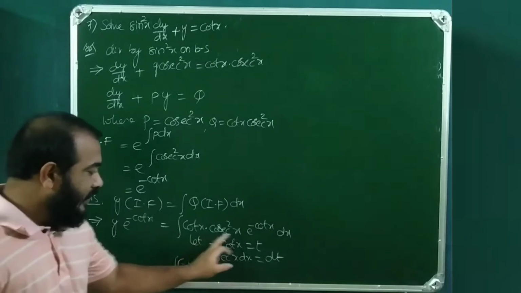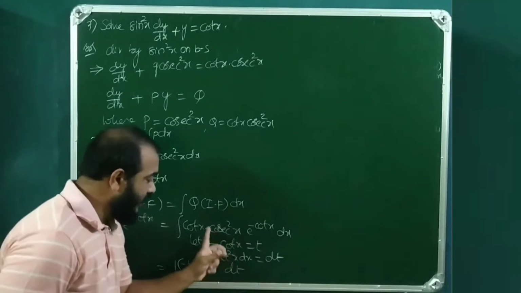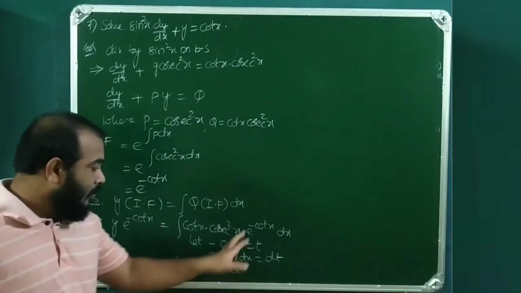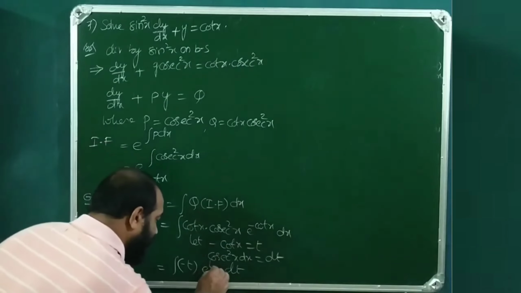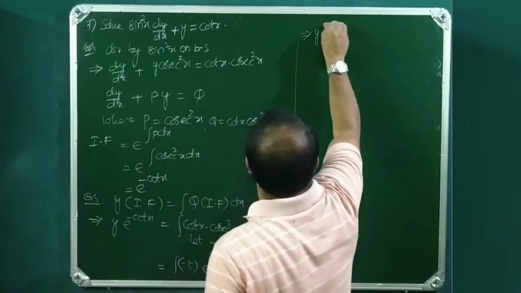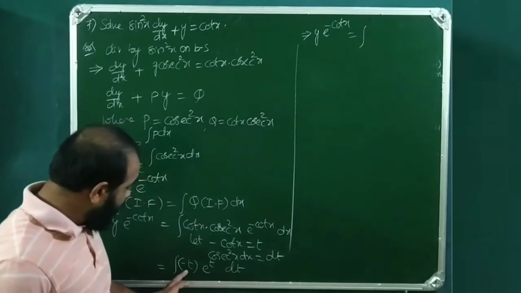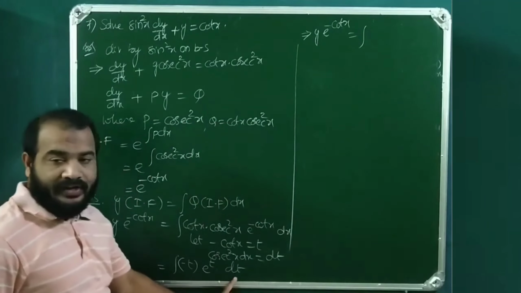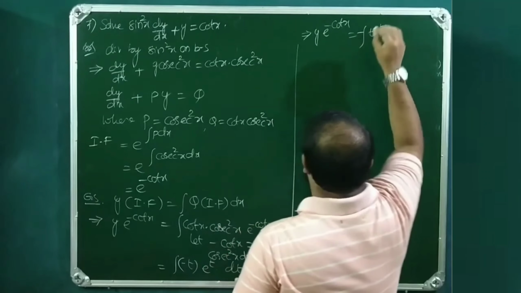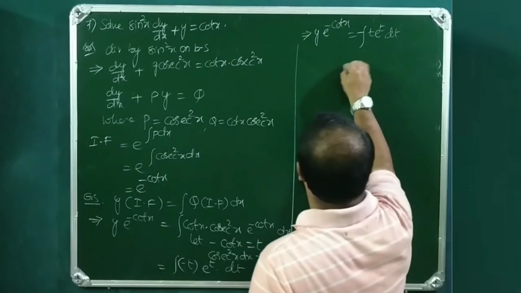Now cosecant square x dx is dt, and e power minus cot x is e power t. So what we have obtained is minus of t e power t dt. I will take the minus out of the process of integration: minus, integral of t e power t dt.